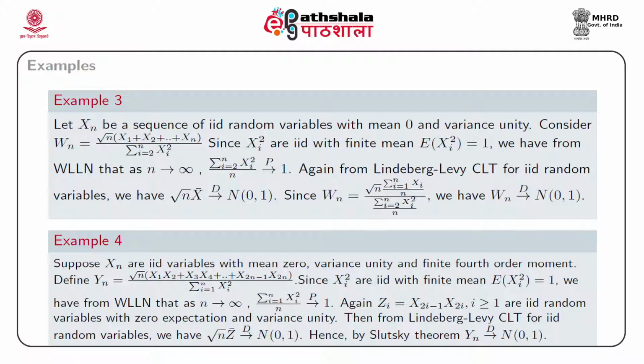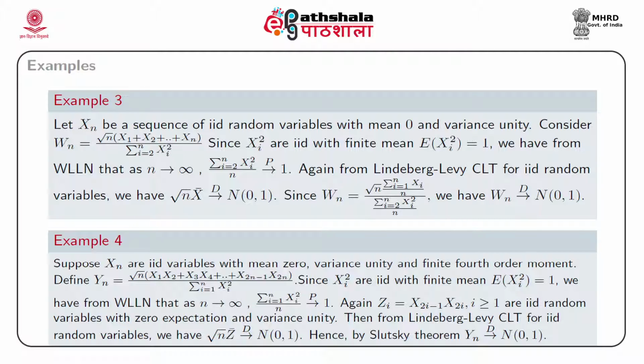So each term is unity, and therefore zi are IID random variables with 0 expectation and variance unity. Then from Lindeberg-Levy CLT for IID random variables, we find square root of n z bar is asymptotically normal 0, 1. Hence, by Slutsky theorem, we can say that Yn converges in distribution to a standard normal variable.